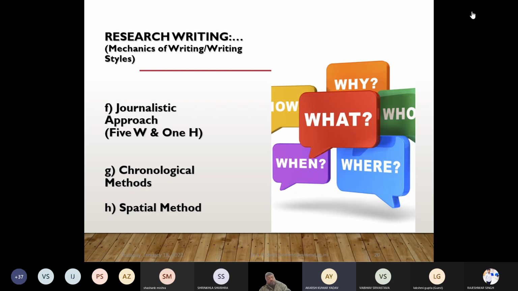There is another method of writing, that is the chronological method. What do you mean by the chronological method? Chronology means clockwise movement.